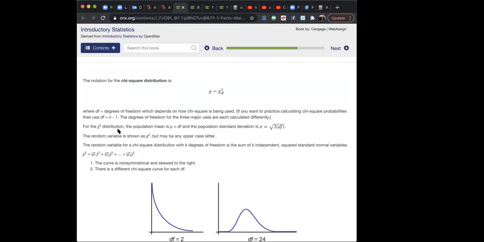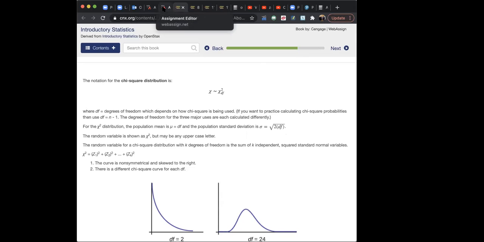For the chi-square distribution, the population mean, mu, is just the number of degrees of freedom. And the population standard deviation, sigma, is equal to the square root of 2 times the degrees of freedom.